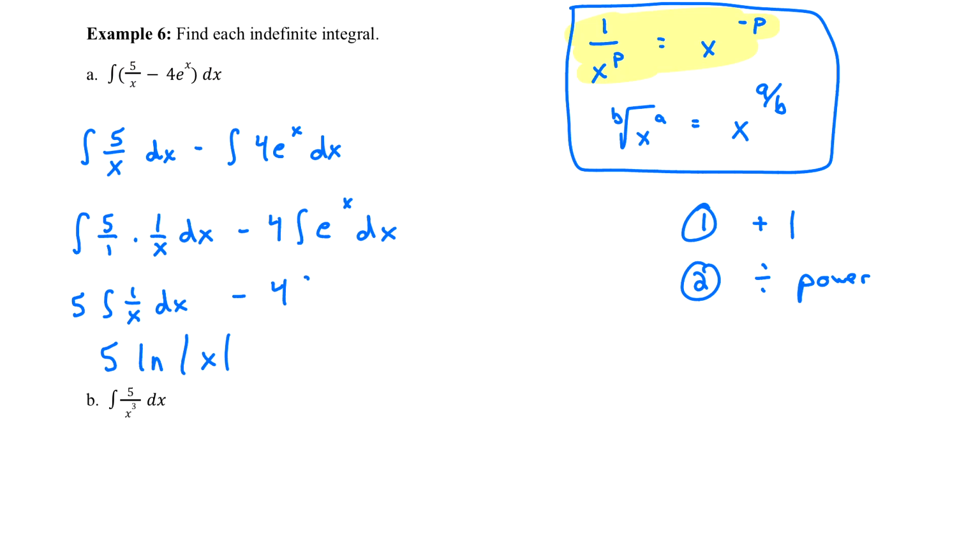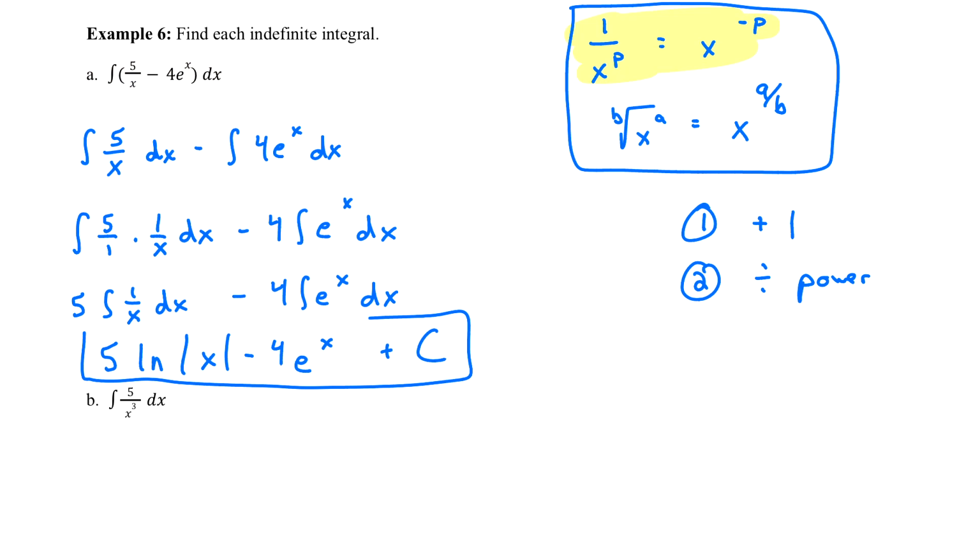I know that the antiderivative of e to the x is just e to the x. The minus 4 is a constant multiple, so that's just going to come down. There's my indefinite integral, but oh wait, I have to add a plus c. So this is what my indefinite integral looks like.